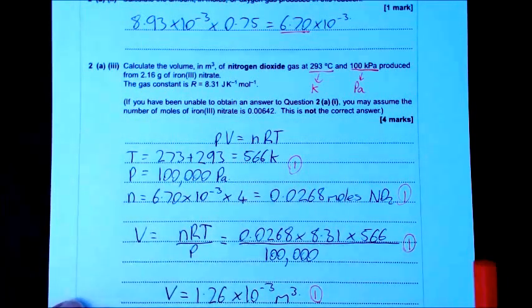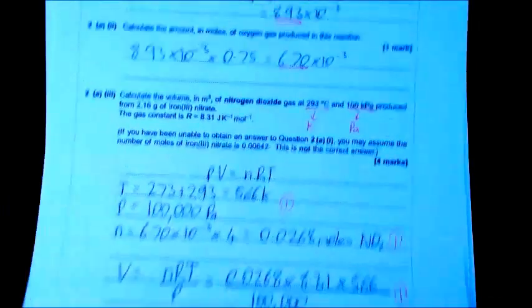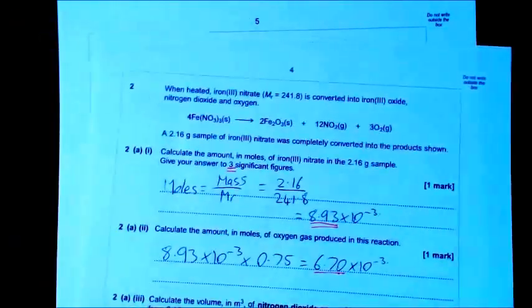Okay, so if we move on to the next part, question 2. Pull that down. Okay, right, so we've got the first question. It says, suggest the name of this type of reaction that iron 3 nitrate undergoes. So I bring this sheet back just quickly, just to show you.